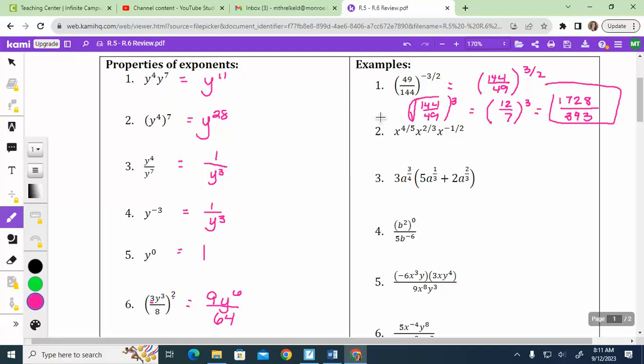We're just going to get a single x for the answer. x to the 29/30 power. And we could write that as a radical, but we don't have to.